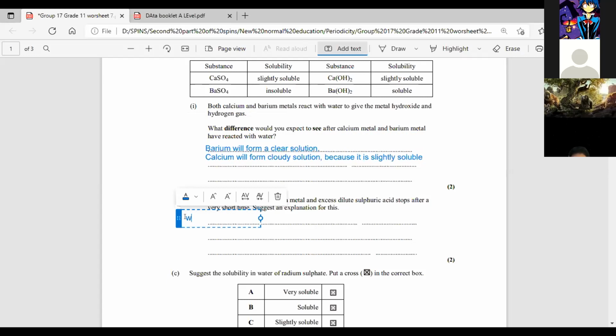When barium reacts with sulfuric acid, the surface of Ba reacts, forming barium sulfate.